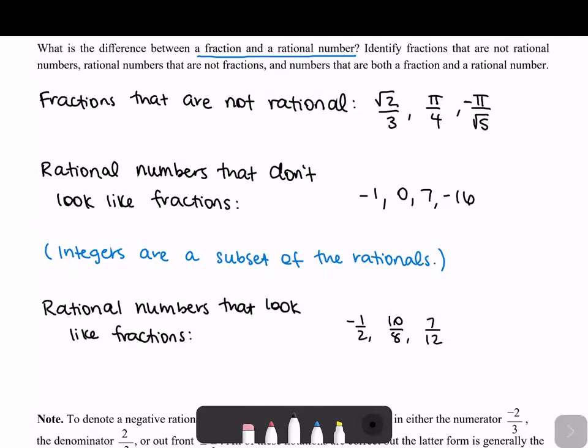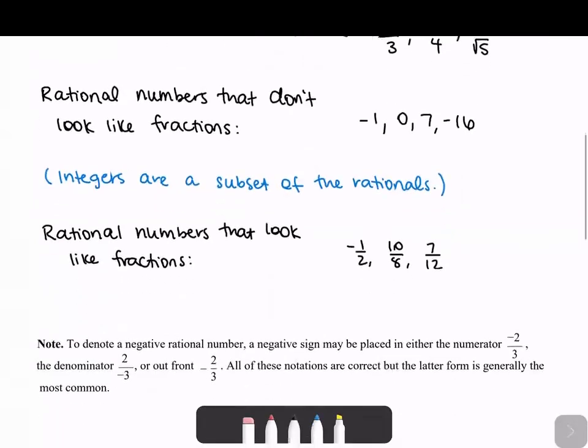The fractions that we typically deal with in operations, these are the fractions that are rational numbers. And that's just because we tend to not think about things as complicated as square root of 2 over 3, pi over 4, when we're doing elementary school math, right? Remember, this course is elementary analysis. The point of it is for people who want to go into education. So yeah, these are the rational numbers that look like the fractions that we know and love.